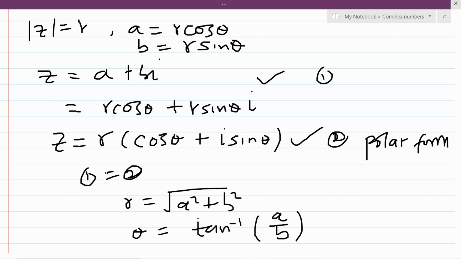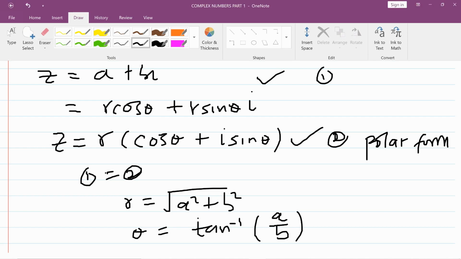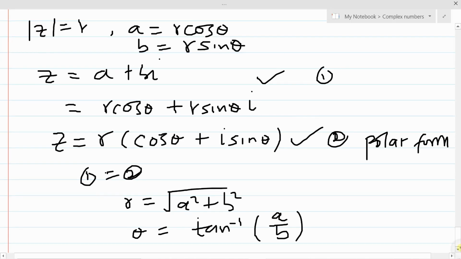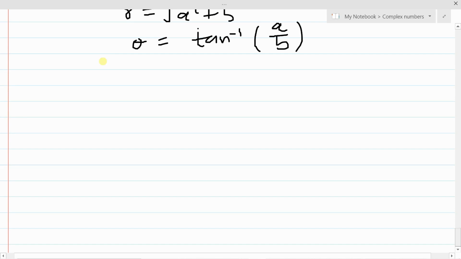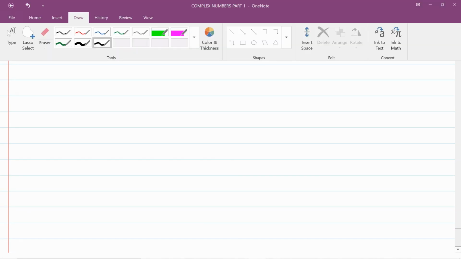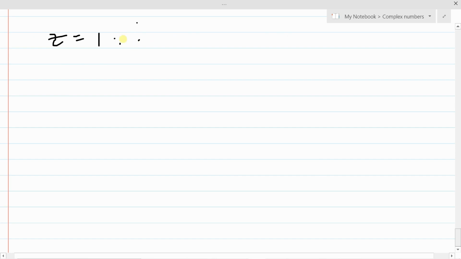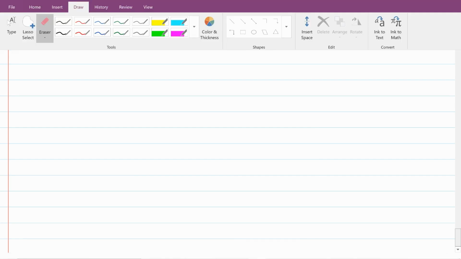Alright, so let's take some examples and then you will understand. Let's take the complex number z equals 1 plus i, or let me say 1 minus i, because I want to show something to you.